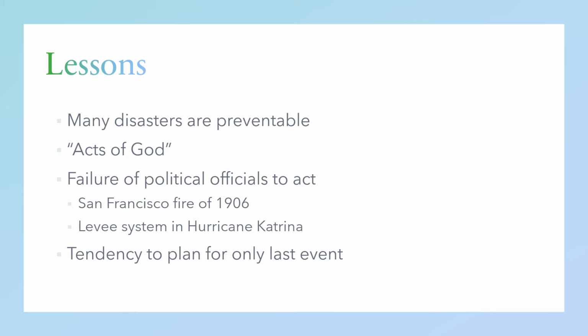Okay? And this tendency to only plan for the last event. It's like in the military, the argument they're always prepared to fight the last war, not the next one. And part of that is what's known in psychology as the recency effect. We tend to remember those things that happened most recently and plan to prepare for those because we remember how bad it was.